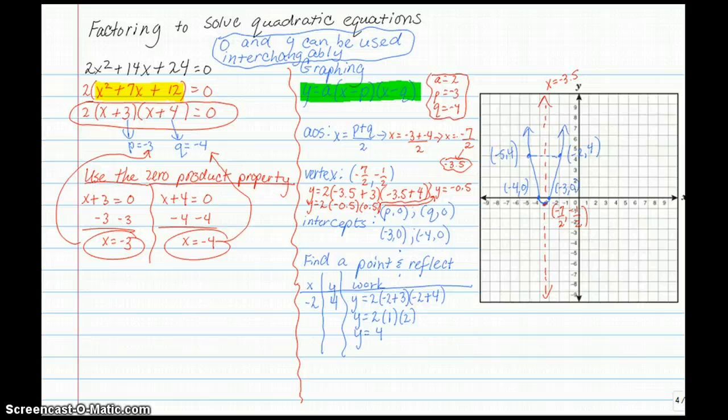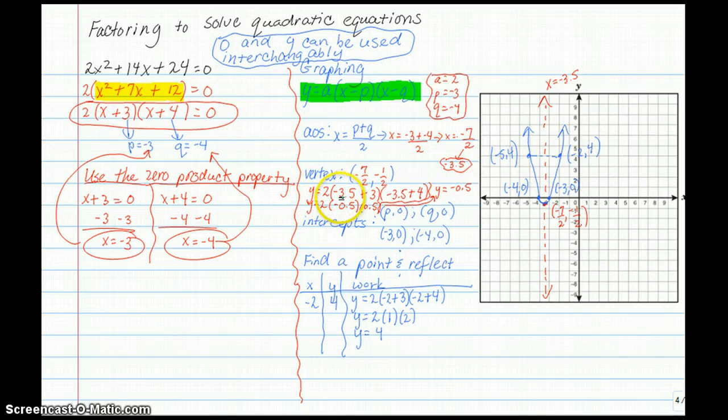Okay, so we come over to the graphing now. We've got p plus q, which is -3 plus -4 divided by 2, which is -7 divided by 2, which is -3.5. And you can see that that's right between -3 and -4. To find the vertex, we use our -7/2 as our x-coordinate. I went ahead and used -3.5 to make the math easier on the calculator.